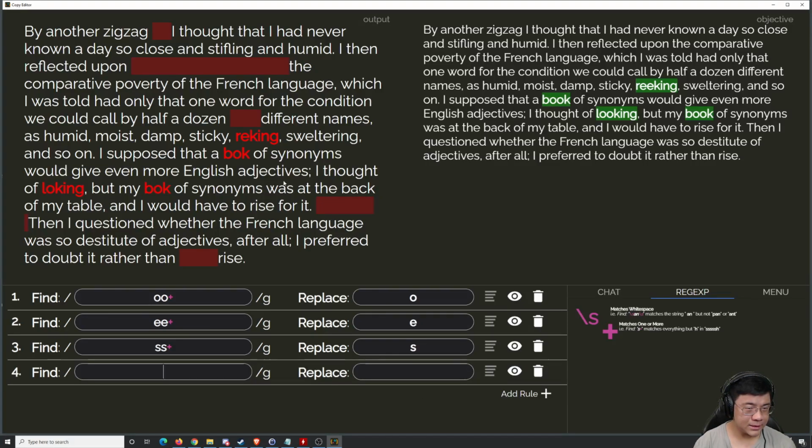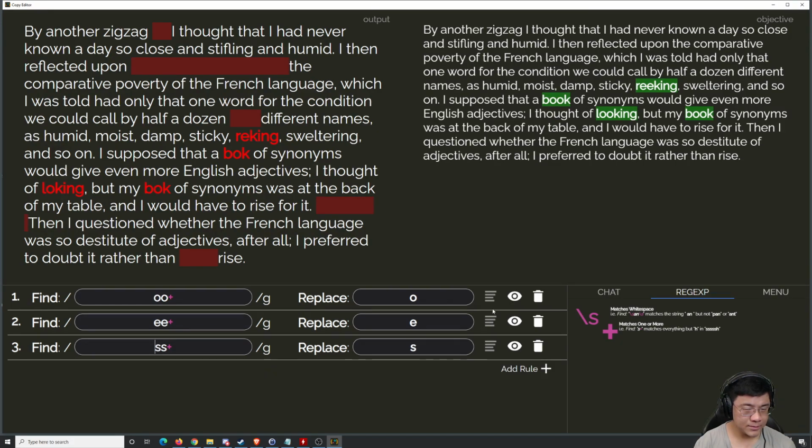But hold on. And then reflected upon the... So it looks like you also need to do it with the spaces. Yeah, that's hard. That's gonna go over the rule limit.